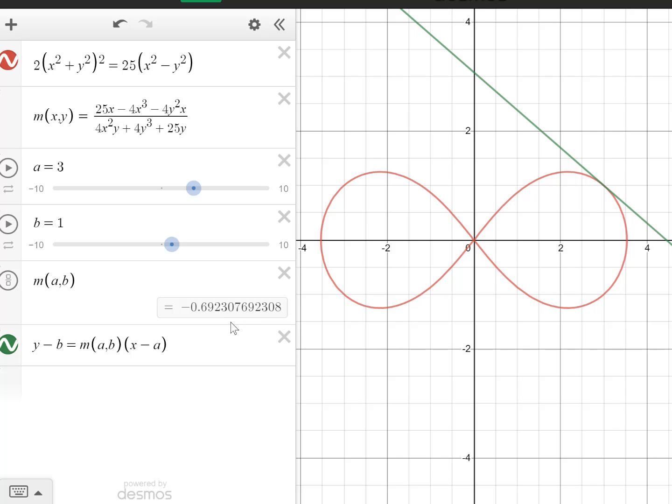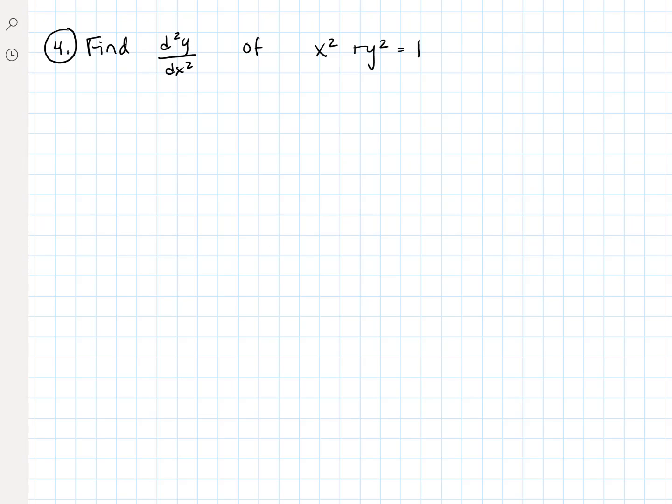All right, so it's nice to have a visual, and we can see these curves. While they're not easy to write explicitly, we'd have to split this up into multiple pieces in order to write y as a function of x, but we can do it implicitly now, all the same things that we did before.